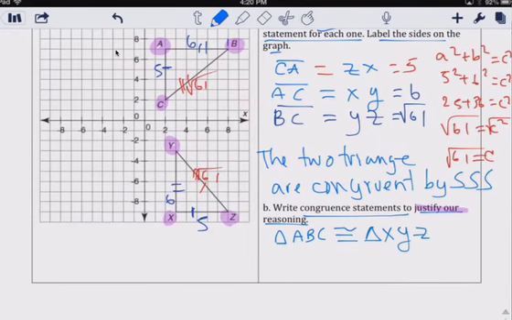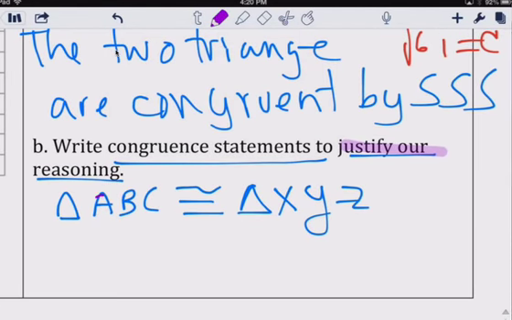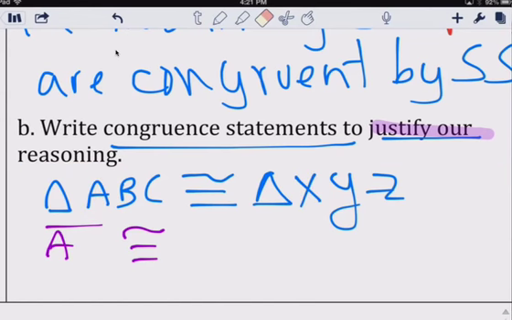You can use the same thing here, which is fine, or you can go line segment AX is congruent to, oh no, sorry, not AX. Oh, what am I thinking? This is AB is congruent to line segment XY.